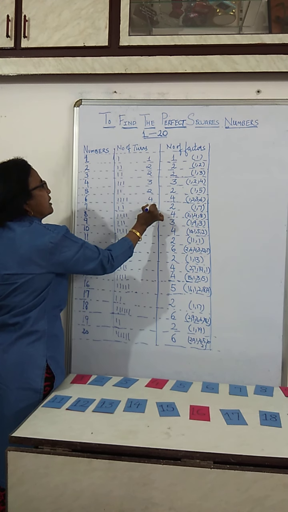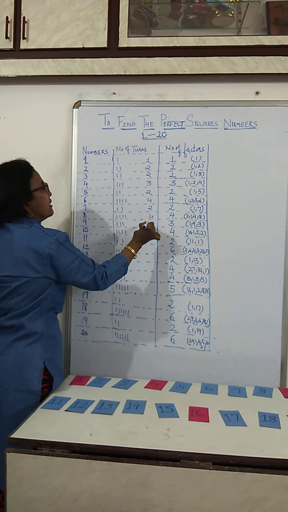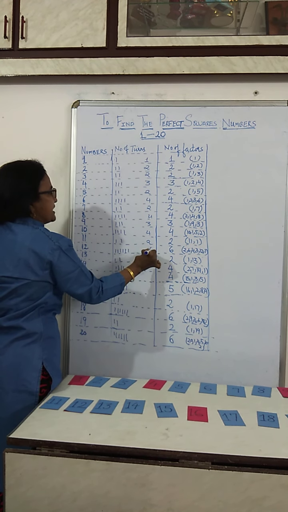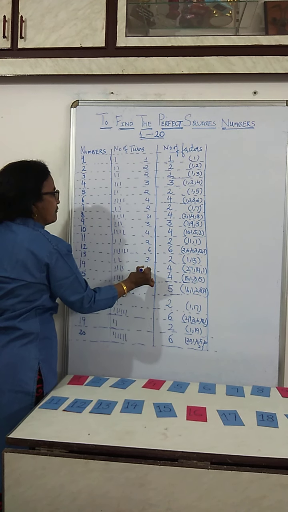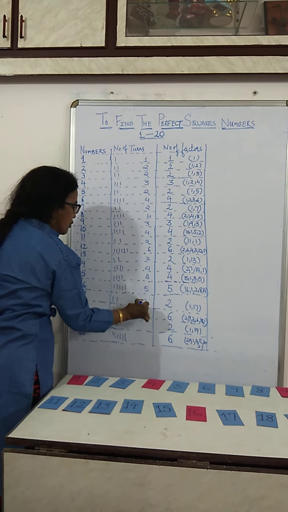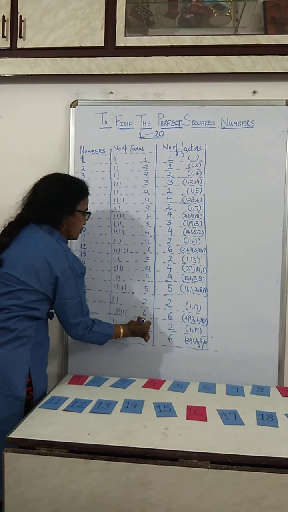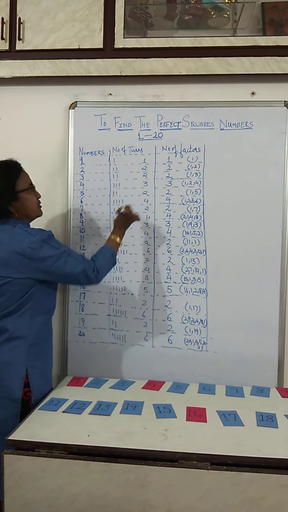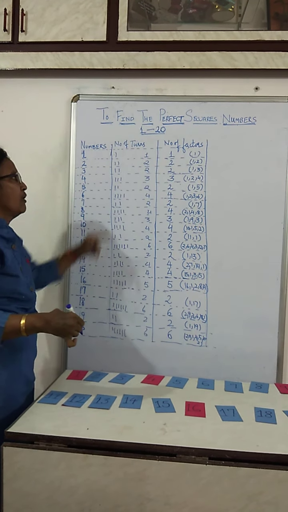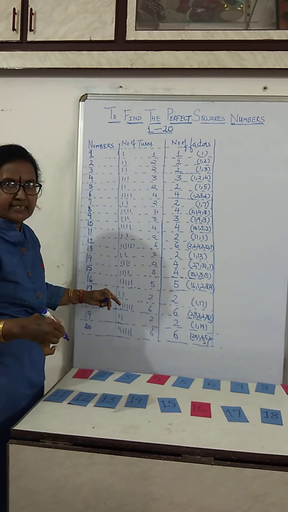Similarly 4, 2, 4, 3, 4, 2, 6, 2, 4, 4, 5, 2, 6, 2, 6. See, it's matching with the number of factors. So by turning the cards, we can also find the number of factors.